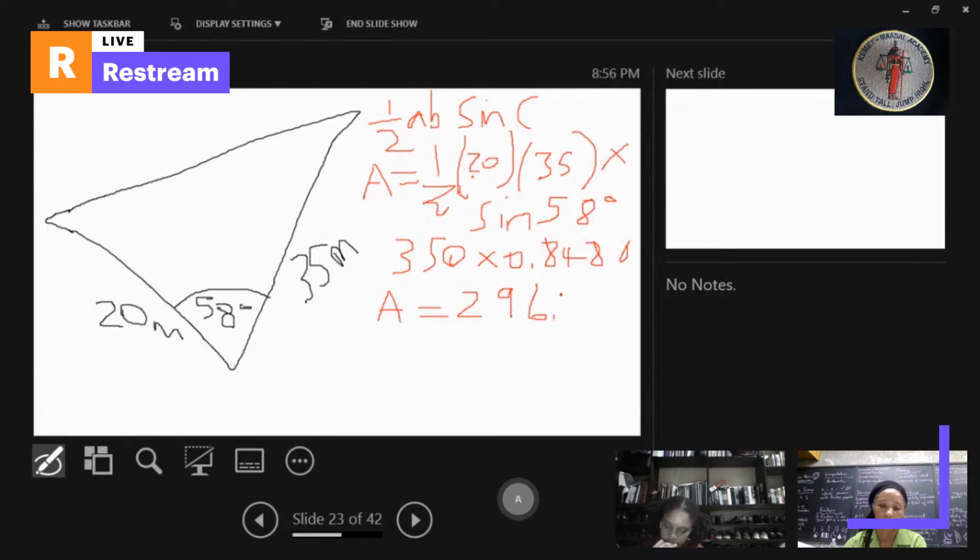How many digits do you want? Well, for the answer, you can give me one decimal place. 296.8 meters squared. All right. Okay. And who is next?